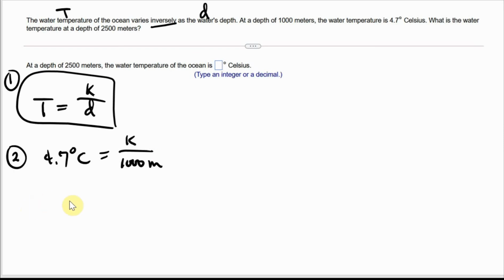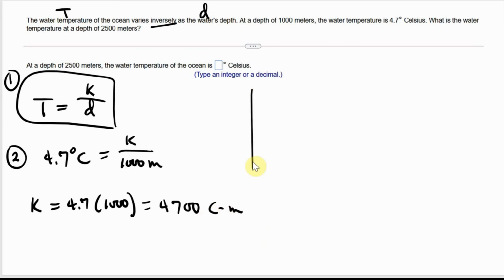So here we solve for k. k is equal to, multiply that 4.7 times 1,000, and that gives us 4,700 Celsius meters. But they're not particular here with the units, and that's fine. I just want to show you what's happening.